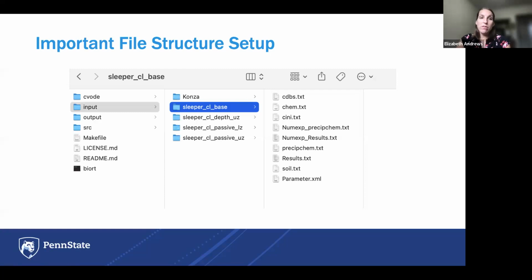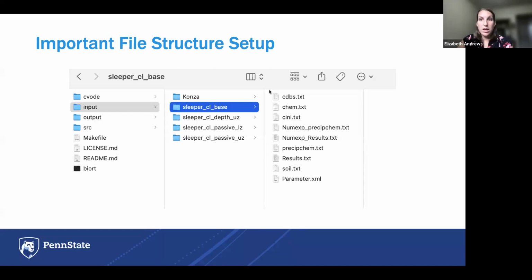We also have an input folder and an output folder. In the input, here's an example. This is the watershed that I'm going to run, Sleepers Chloride Base. Sleepers River is the watershed that I'm running, and I've just titled it so that I know what the simulation is for. And then you can see those input files that I just said we needed are presented here.